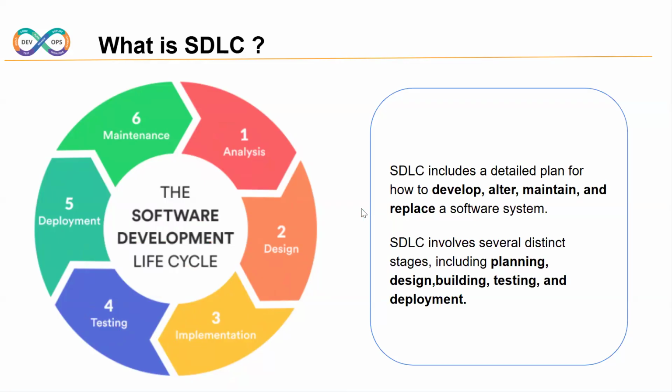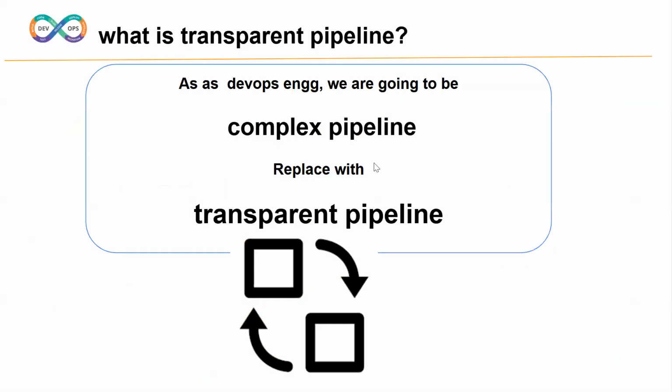But on top of this SDLC process, if you are a software engineer, directly or indirectly, we are a part of our SDLC process. If you are a developer, you write the lines of code. If you are a tester, you verify the functionality. But if you are a DevOps engineer, what exactly are you going to do?